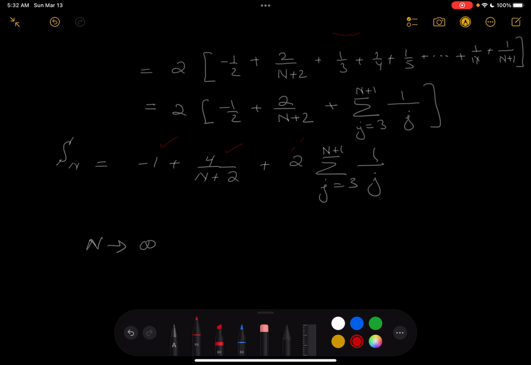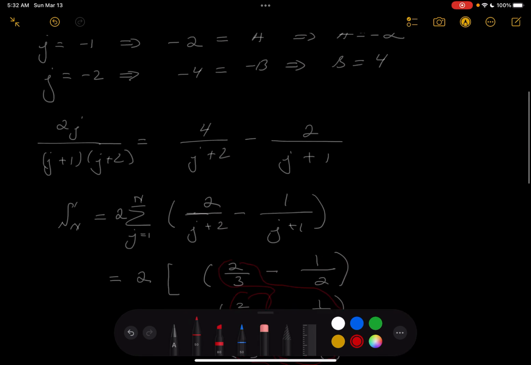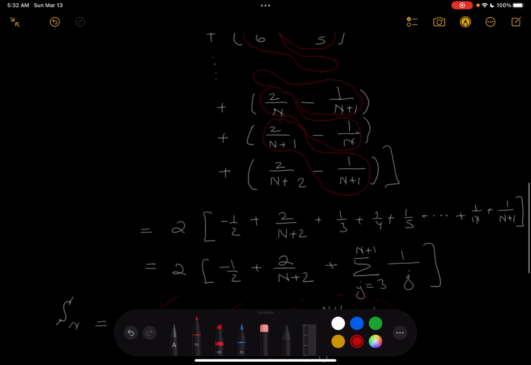But this guy over here should be recognizable as a divergent harmonic series. So what do we know about the original series? It diverges. This series here, where is it? Oh, it's on the notes, by the way.